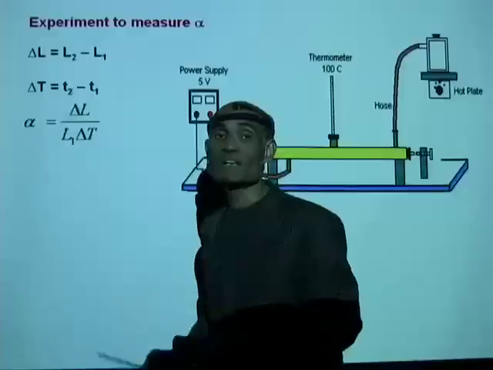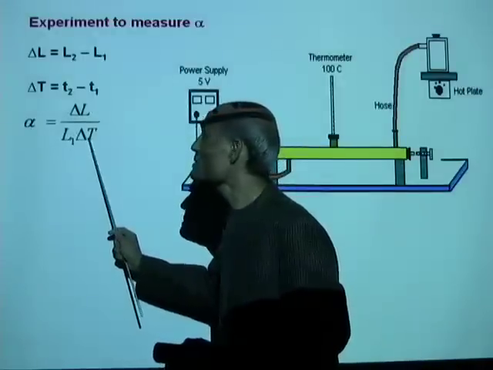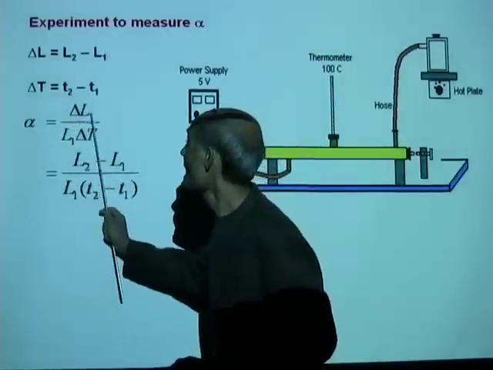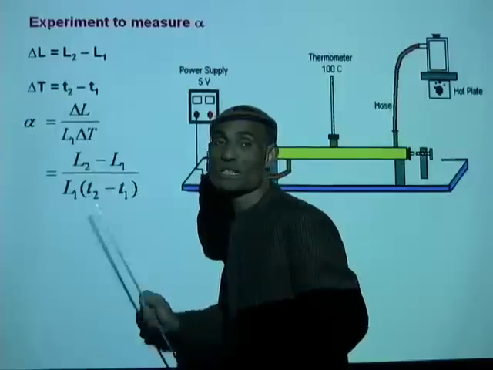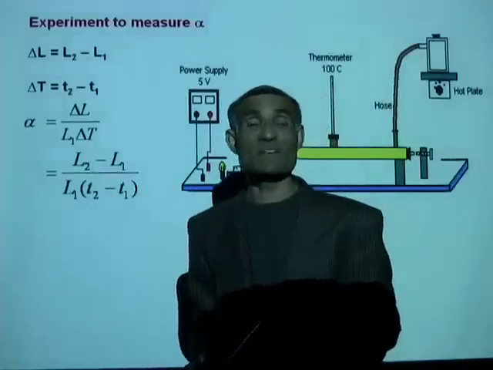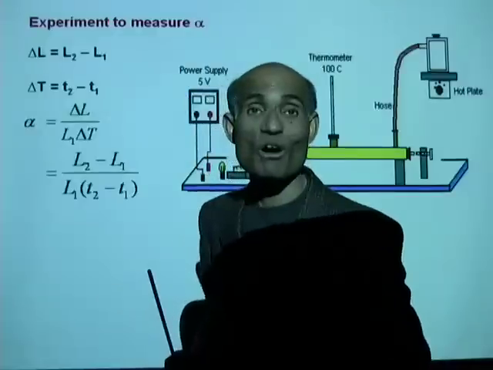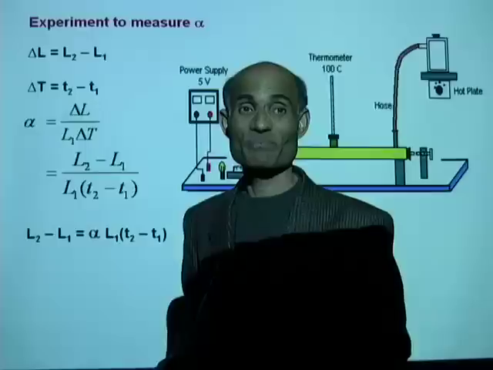Alpha equal to delta L divided by L1 delta T, and that will be delta L is L2 minus L1 and delta T is T2 minus T1, and this will give you a measure of the coefficient of linear expansion.